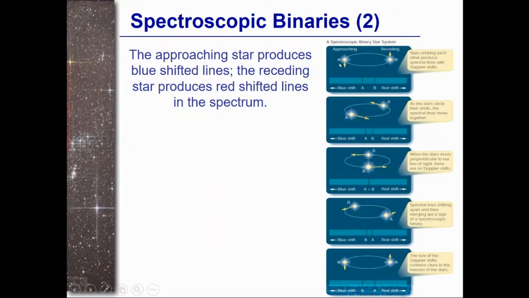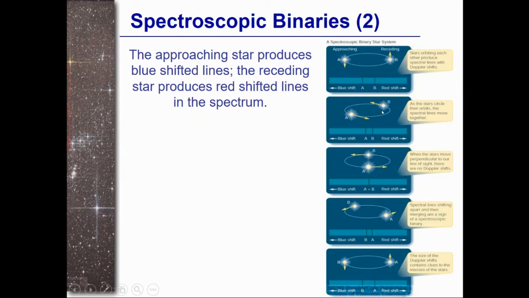When it's approaching you, the wavelength seems to be shorter, and that's why it's a blue shift. When it's moving away from you, this is a red shift. Now, the binary stars are basically moving around a common center of mass. So if you look at these two lines in the spectrum, this line is coming from A, and this line is coming from B.